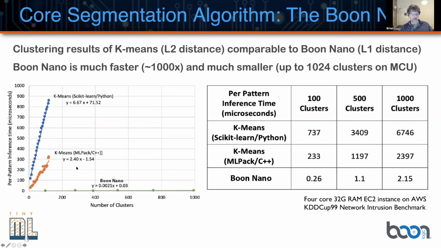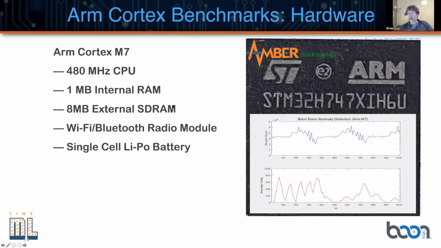We see k-means growing at 2.4. Boon Nano is also growing, but its growth constant is about 1,000 times smaller. So that's a core benchmark, and it's really the enabling technology for AMBER. So with that, I'll hand it over to Rod to talk a little bit about the benchmarks.